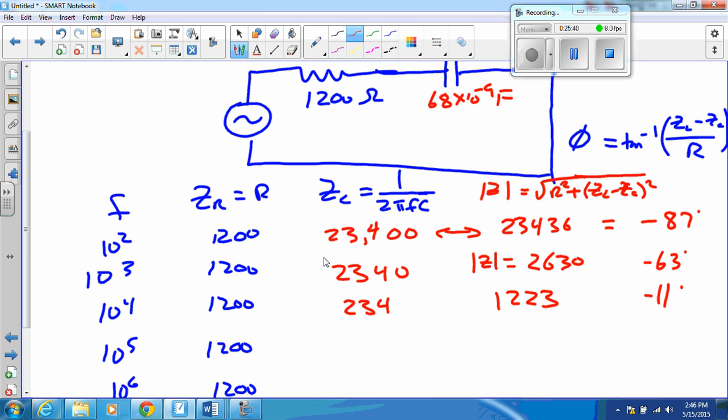But you can also see that they're almost identical. You can see just a little difference between them right there. That's an 11-degree phase angle right there. And you can also see that the magnitude of the voltage across the resistor is basically the same as the magnitude of the voltage of the signal.